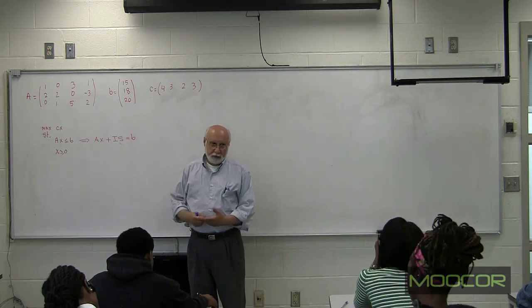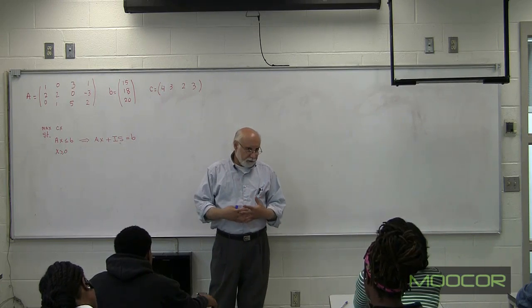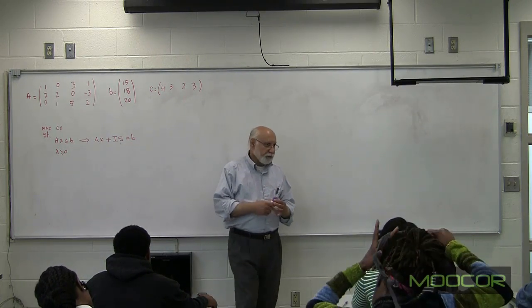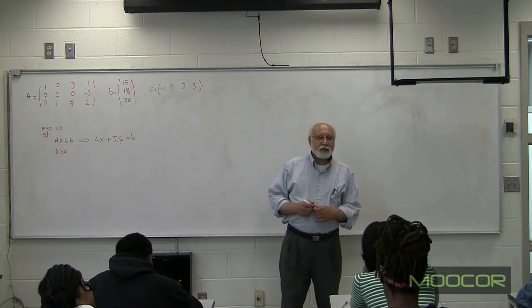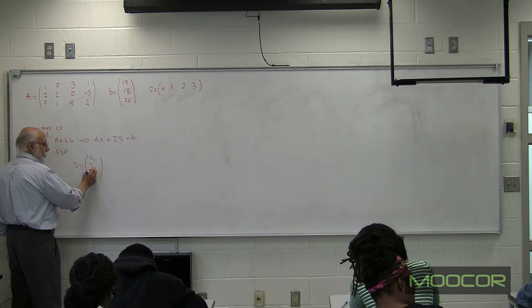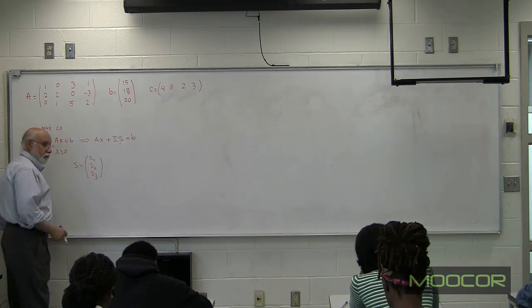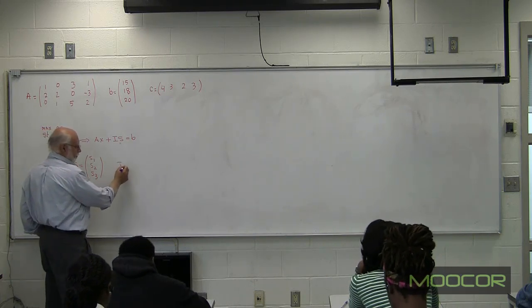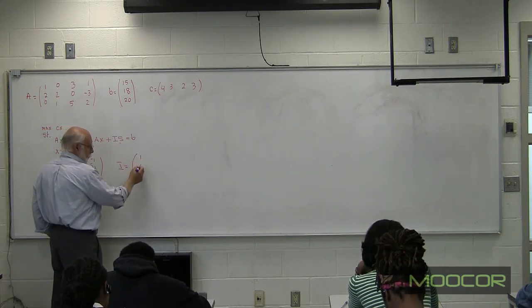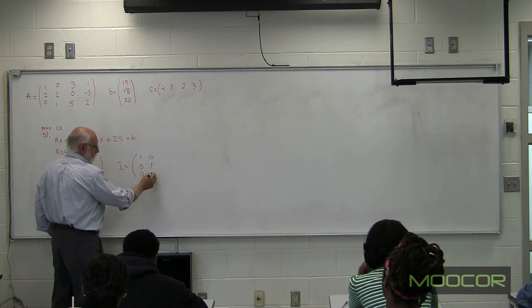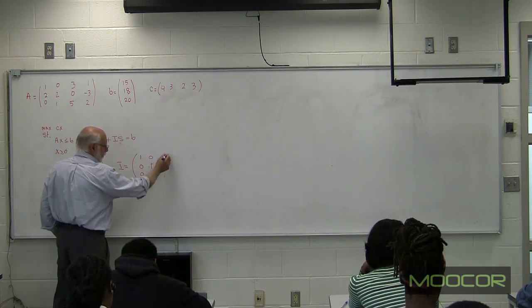S is the set of slack variables. For this problem, what is S? S would look like S1, S2, and S3. What is the identity matrix size? It's a 3 by 3, so it's 1, 0, 0, 0, 1, 0, 0, 0, 1.